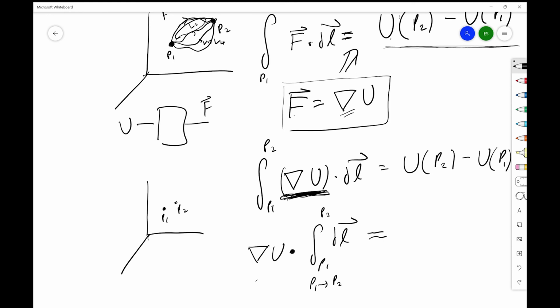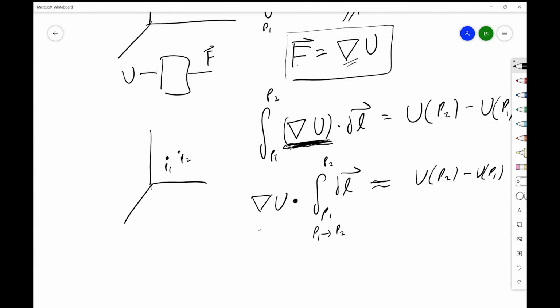And this approximately equals U P2 minus U P1, right? What is this? Let's divide this. This is delta L, right?